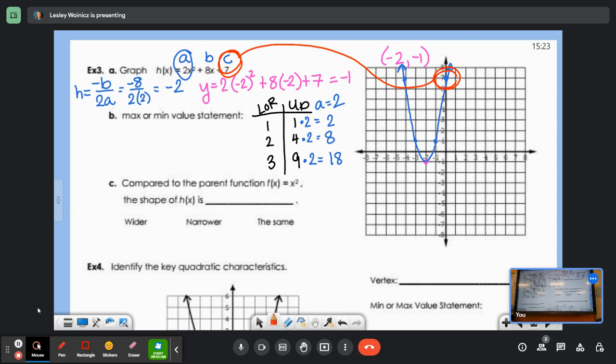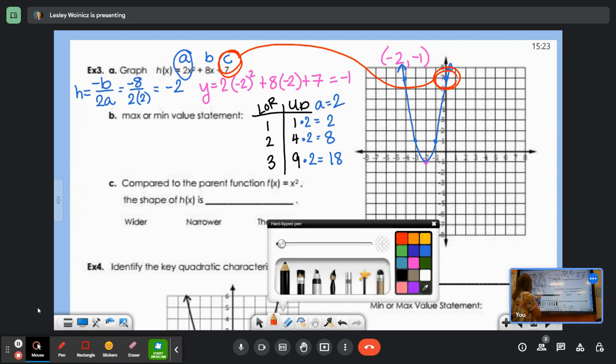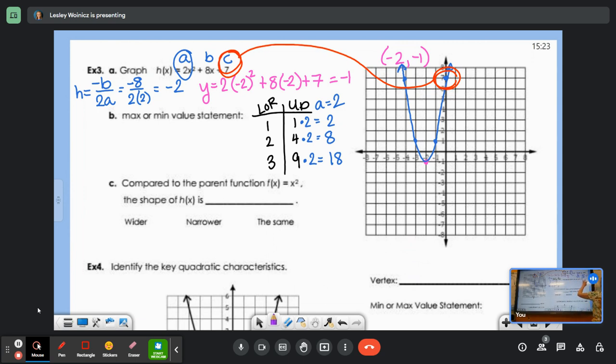Do we have a min or a max? Min. So at x equals -2, we have a min of, what's the lowest value? -1, and that came directly from our vertex, -2, -1. Is this new graph wider, narrower, or the same as the parent? Narrower.